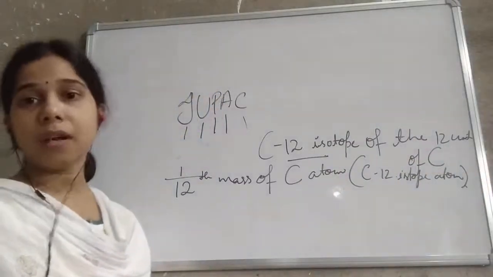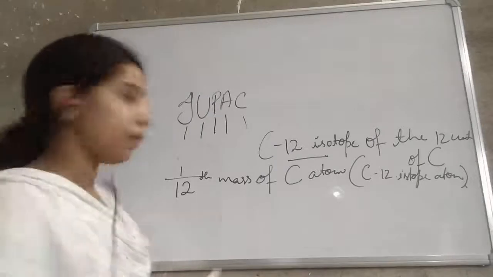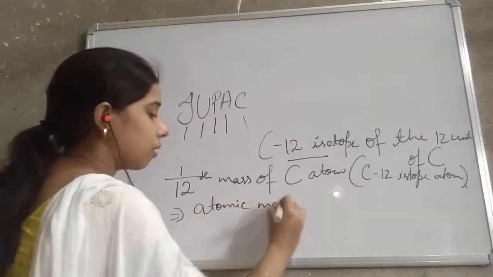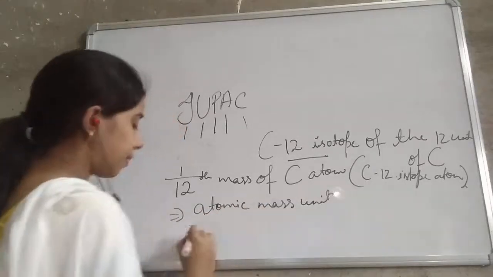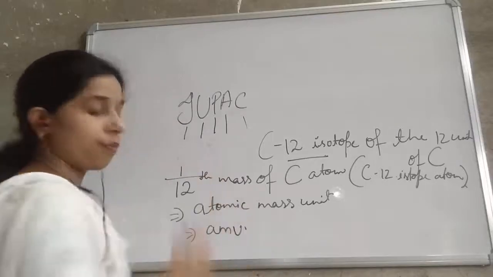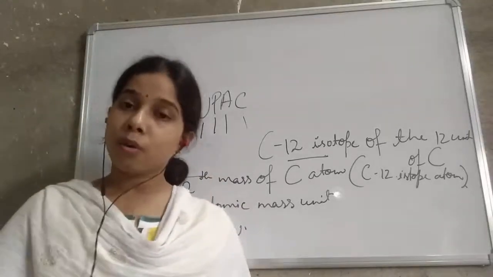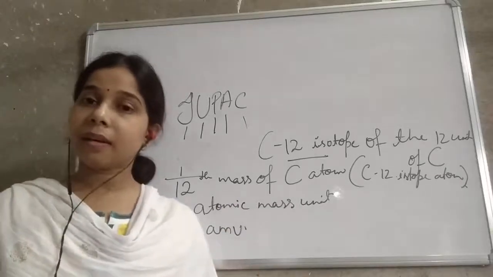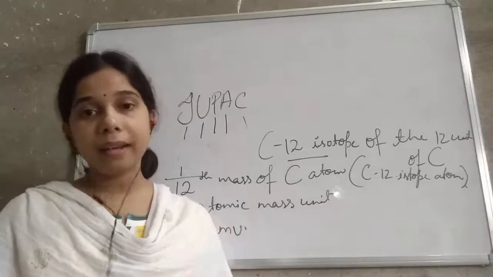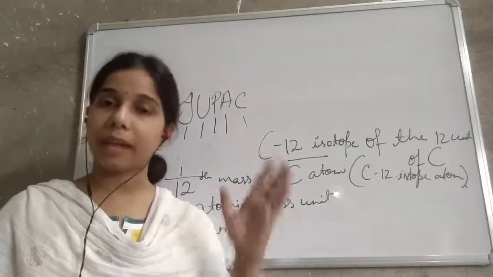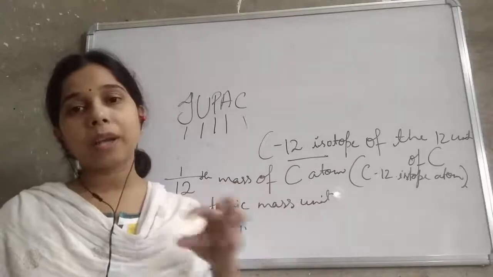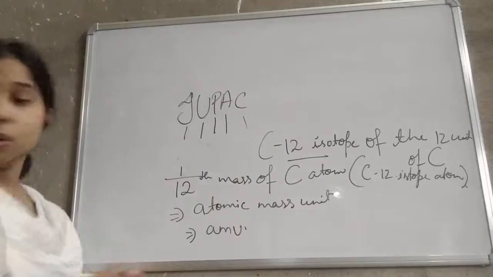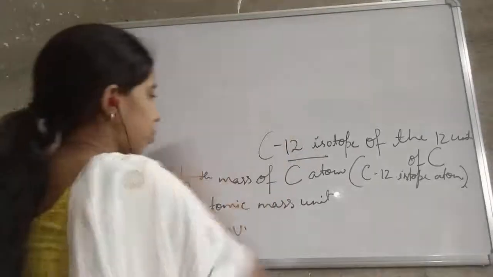And this will give the atomic mass unit, which is represented by AMU. So by this we can define that the atomic mass of the atom is equal to the relative atomic mass of a particular element to the 1 by 12th mass of the carbon 12 atom.